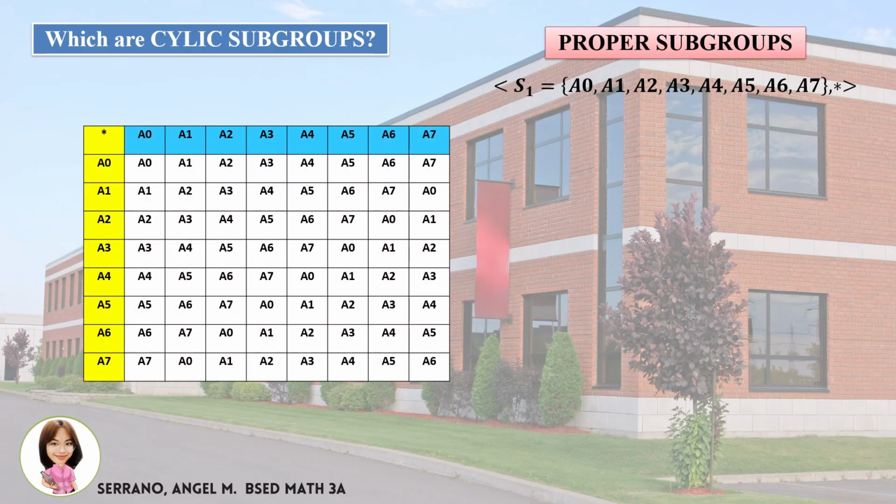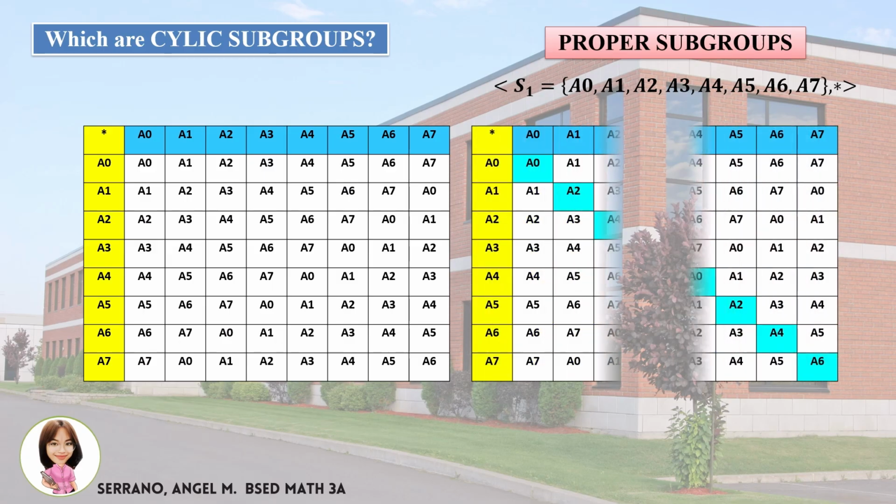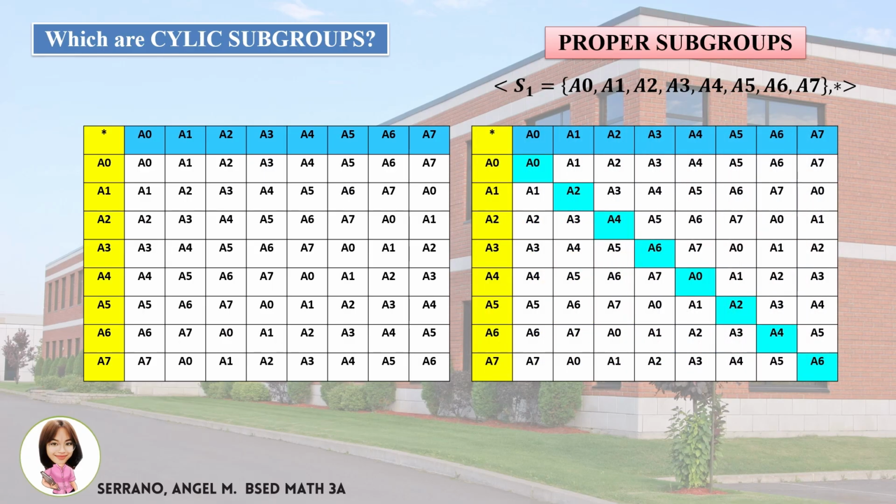To classify if its table is abelian, the elements in the table must be symmetric from its diagonal. And as you can see here, all of its elements mirror each other across the diagonal. So therefore, we can conclude here that S sub 1 is abelian.